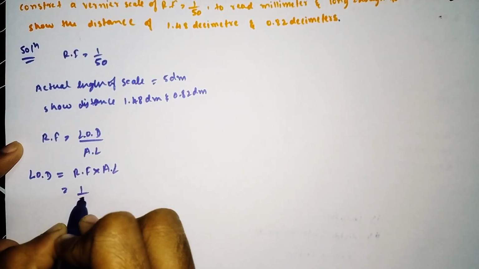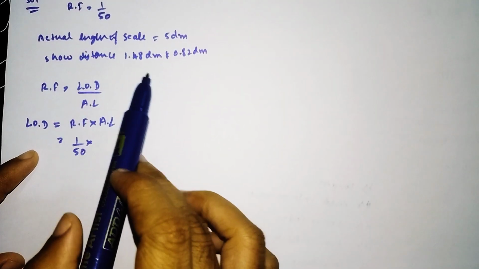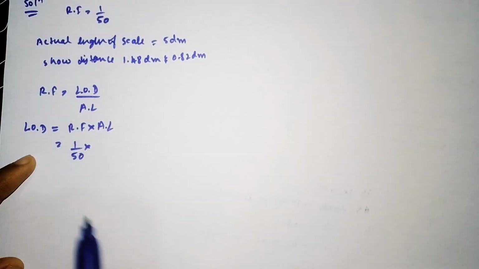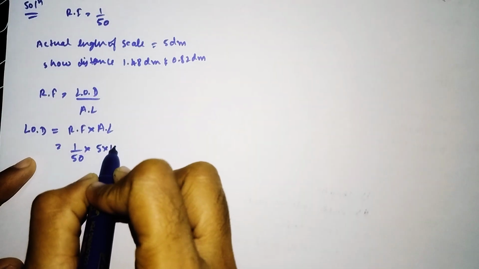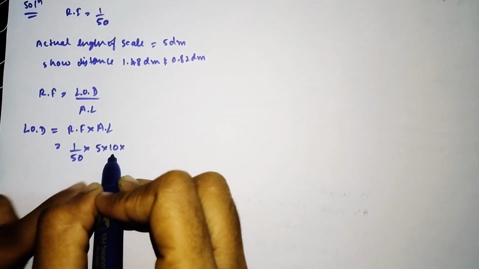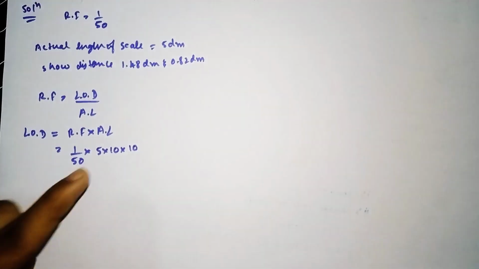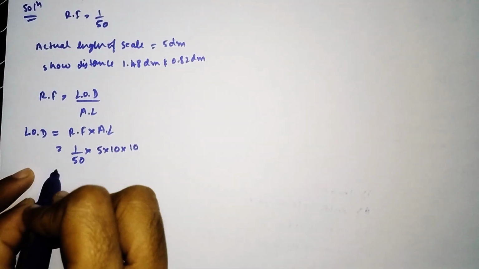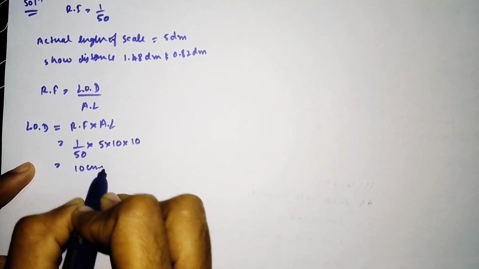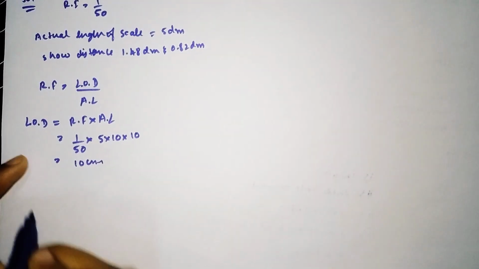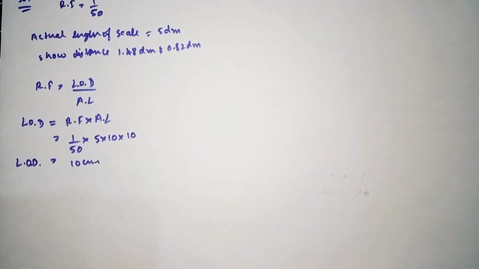RF they gave 1 by 50 and actual length is 5 decimeter. So 5, to convert this into centimeter we need to multiply with 10, and to convert centimeter into millimeter again multiply by 10. So it will come out to 10 centimeter. Our length of drawing will be 10 centimeter.